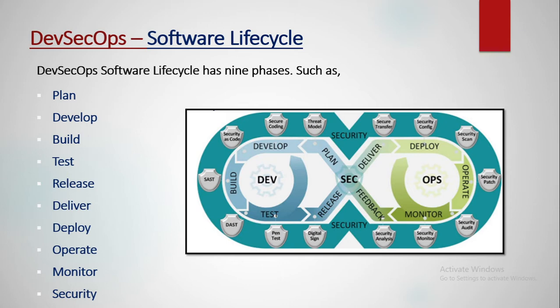In the DevSecOps software life cycle, each and every phase embeds security. With DevSecOps, the software development life cycle is not a monolithic linear process. The DevSecOps lifecycle is adaptable and it has many feedback loops for continuous improvement. Okay, that's all about the DevSecOps software lifecycle. Now we will move to the next slide.